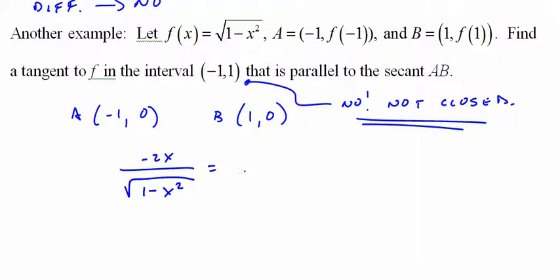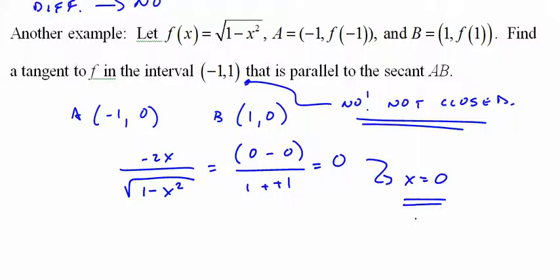If I put in this point, I get 0 minus 0 over the second one, 1 minus -1. Not that it matters, because we get 0, so x has to equal 0. That's where the graph has a horizontal tangent.